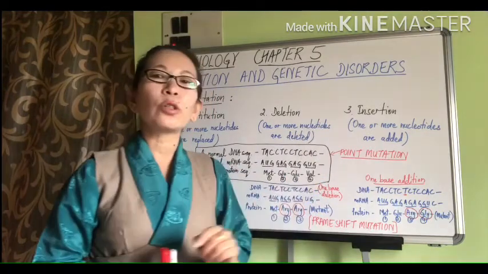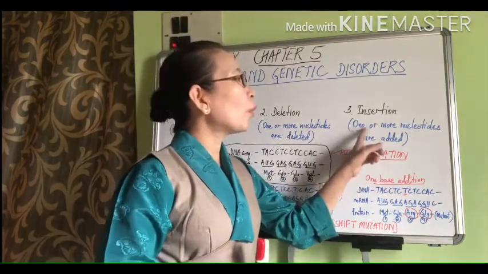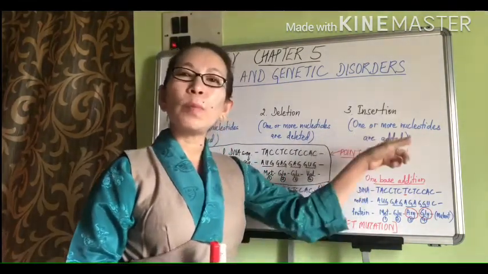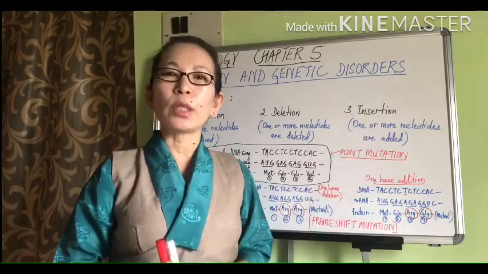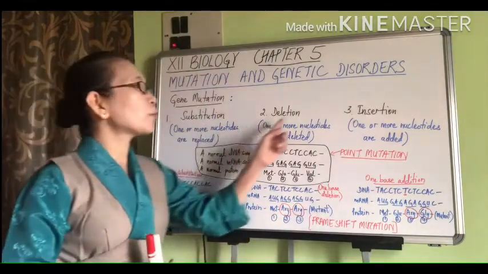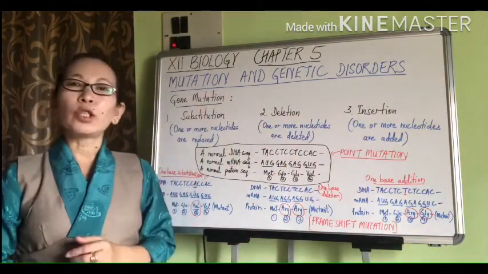And insertion mutation refers to addition of one or more nucleotides or bases into the DNA sequence or into the RNA sequence of the gene. And all these three types of mutations can result in gene mutation.